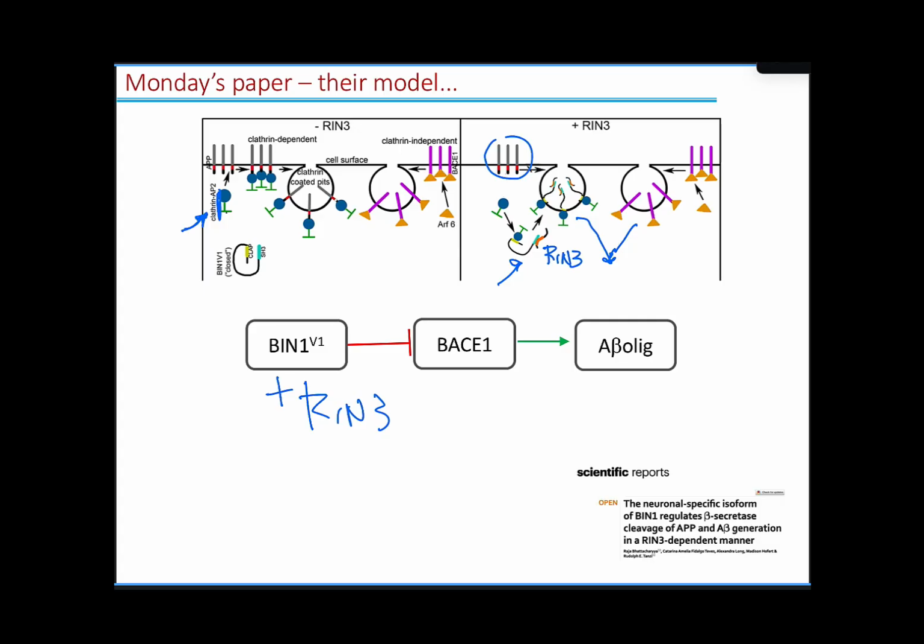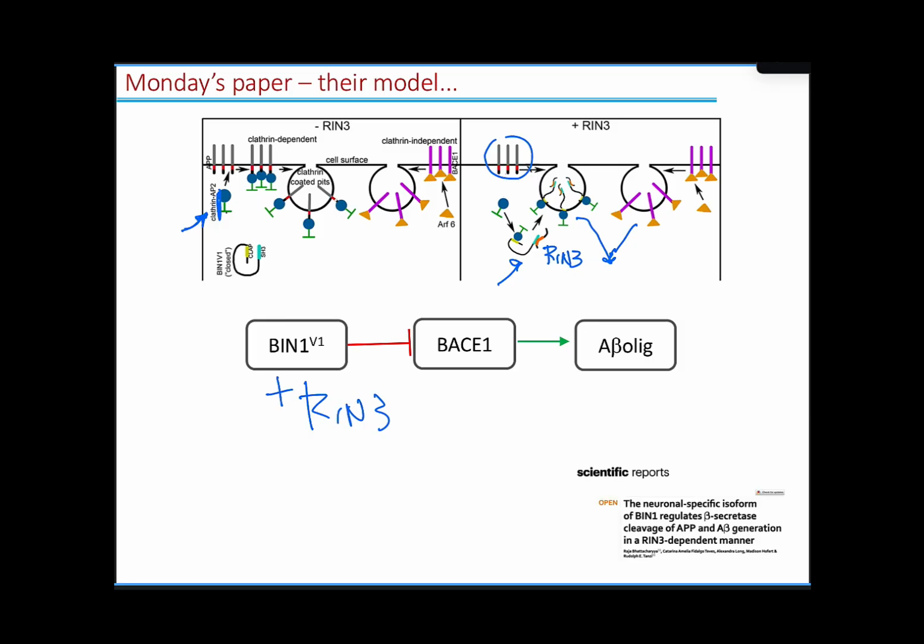The thinking is that for Alzheimer's disease to progress, in other words, for A beta oligomers to continue accumulating to toxic levels and facilitating the formation of the A beta plaques, you need to keep BACE1 active. And one of the ways to keep BACE1 active, to keep producing A beta oligomers, might be to take BIN1 V1 out of the picture.